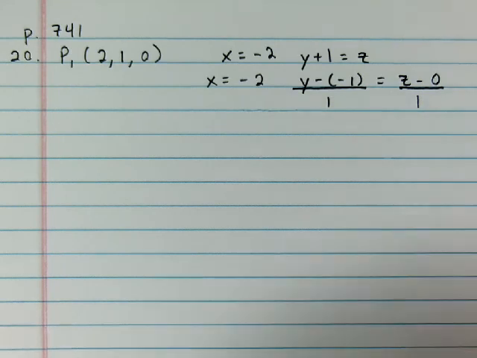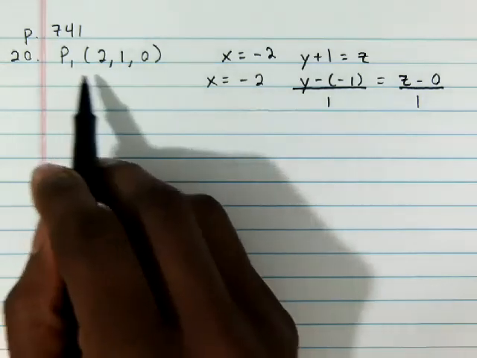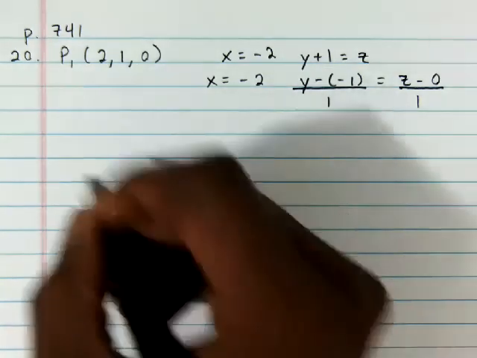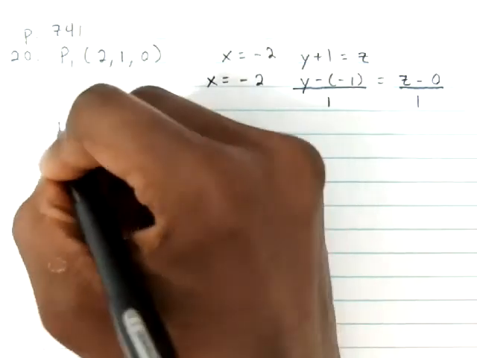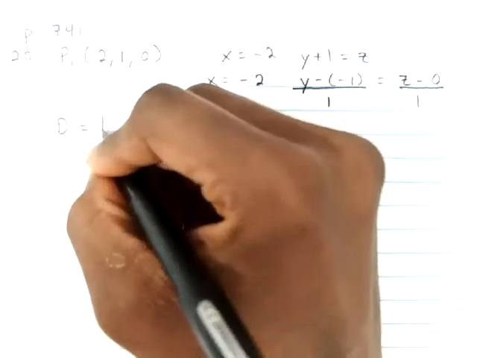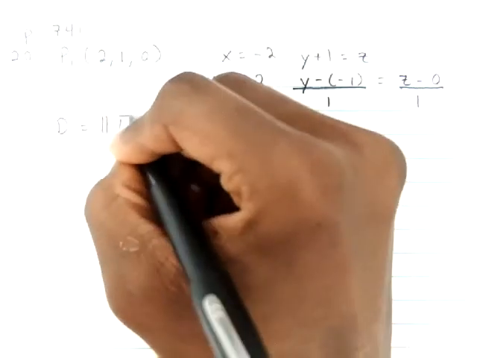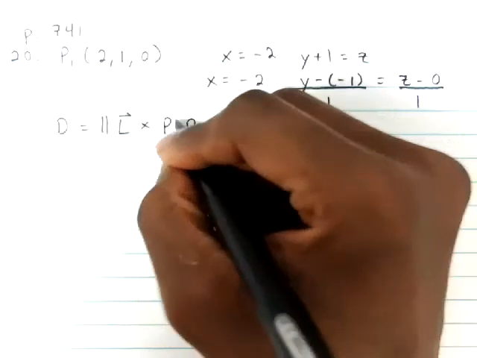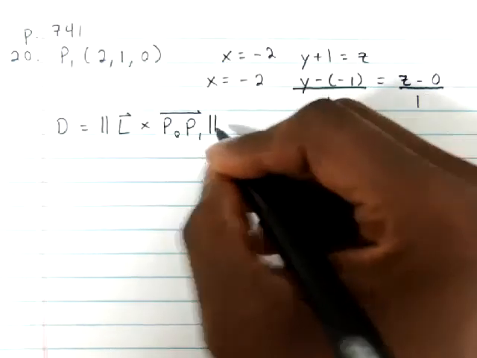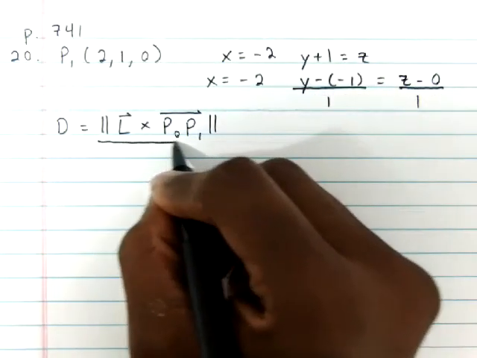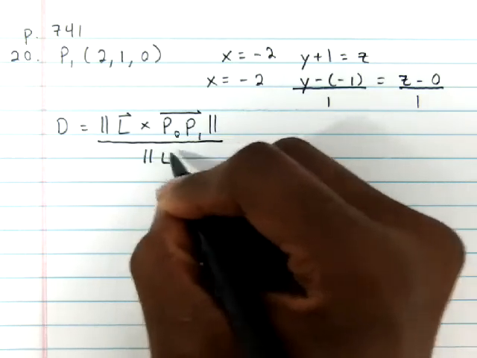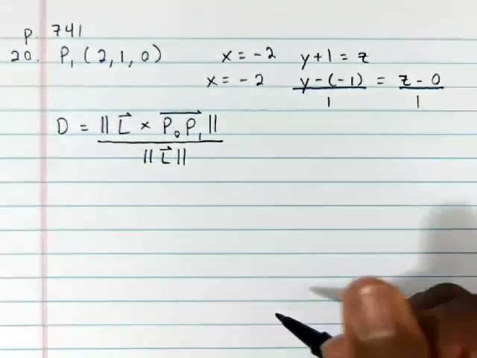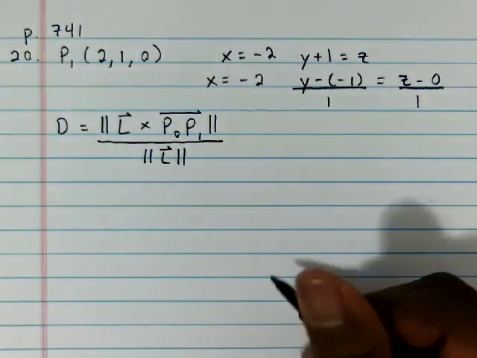So now we want to find the distance between this point and this line. So let's write down our formula again. D equals the magnitude of L cross P naught to P1 all over the magnitude of L. So we have a few things we need to find. We need to find what our L is.